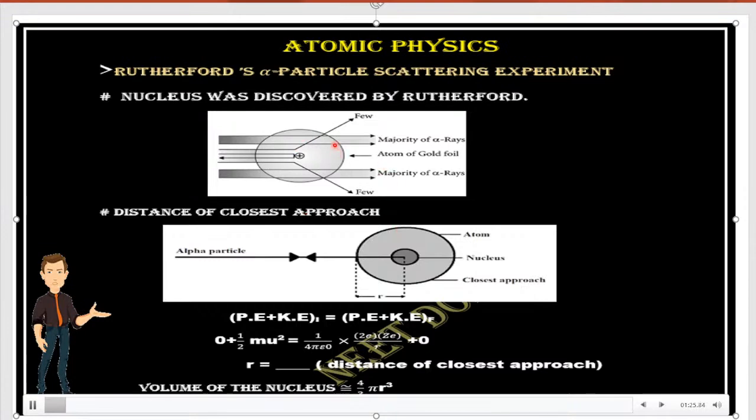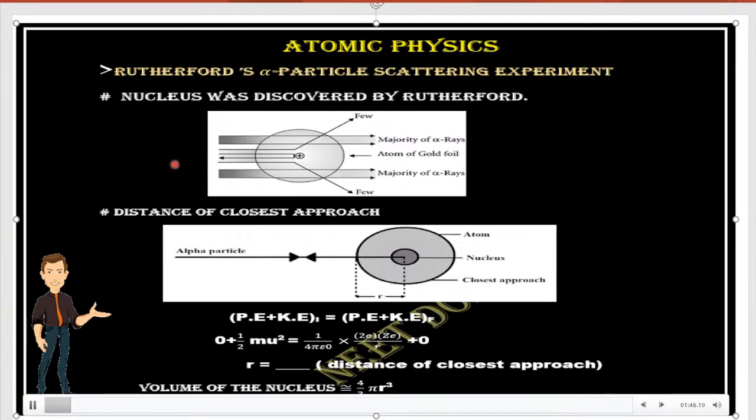This is the peak. This is the whole scenario of Rutherford's experiment, and the conclusion given by him is that most of the atom is empty.